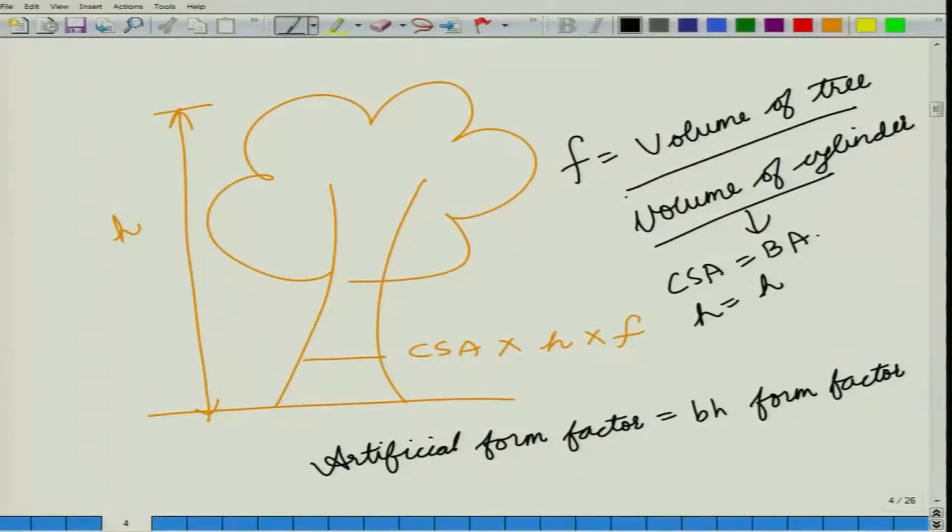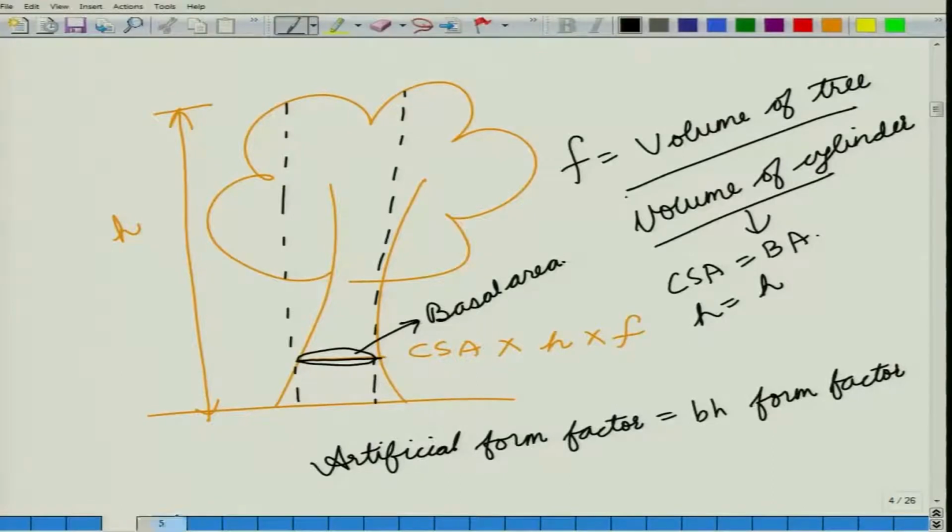So, in that case, when we are taking this cross sectional area and we draw a cylinder, the height of the cylinder is the same as the height of the tree and the cross sectional area of the cylinder is the same as the cross section of the tree at the breast height, which will also be equal to the basal area.